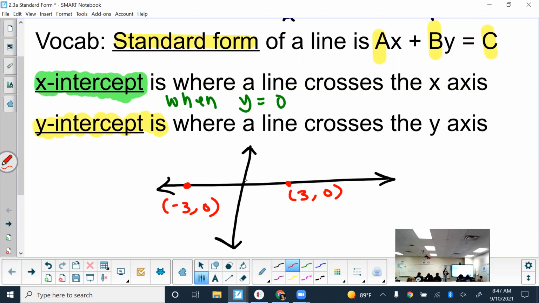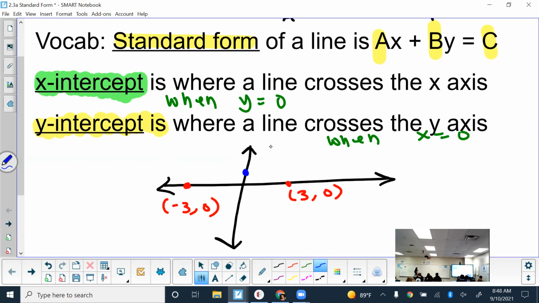So then the y-intercept would be, can anyone guess? When x is 0. So my y-intercept would be on my y-axis, on this vertical line. All of the points on this line have an x value of 0.